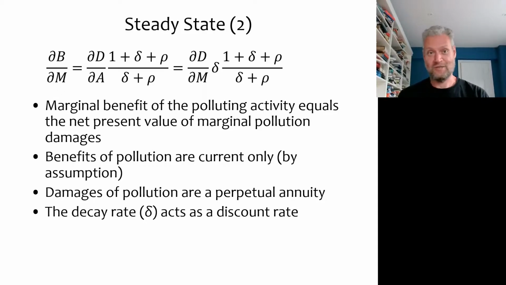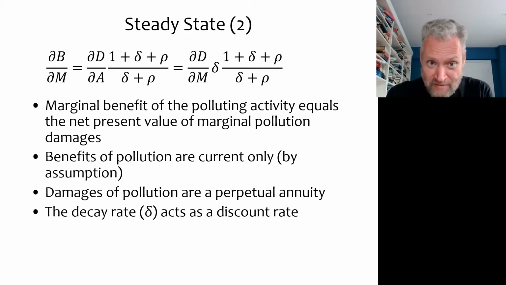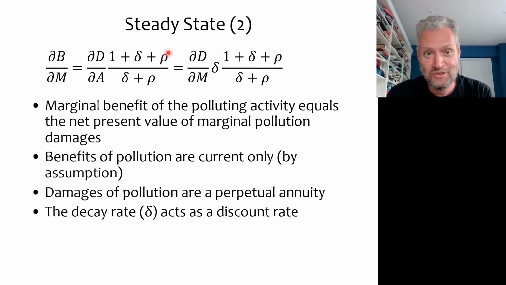As you look further into the future, you care less and less. £100 today is worth more than £100 a year from now. That is discounting. You care less about future money than you care about today's money. And the delta is just added to the discount rate.